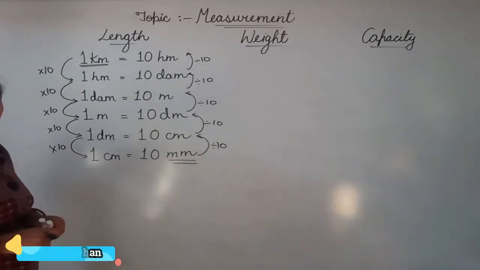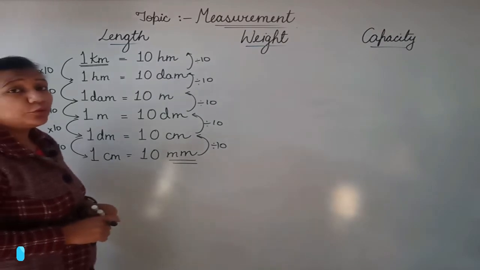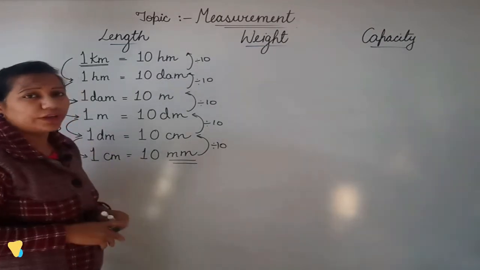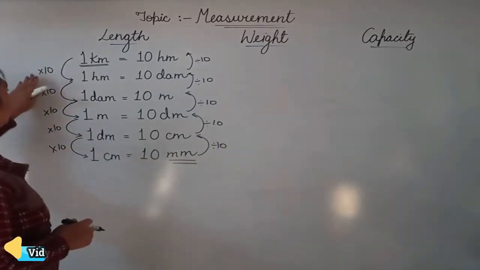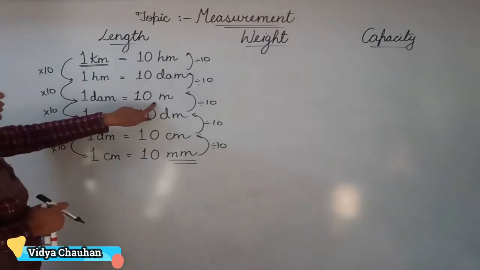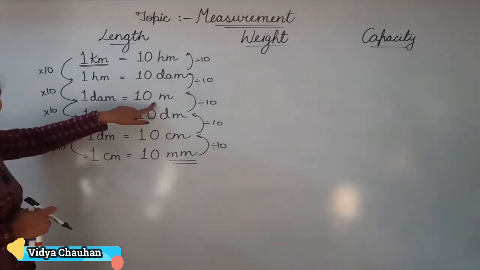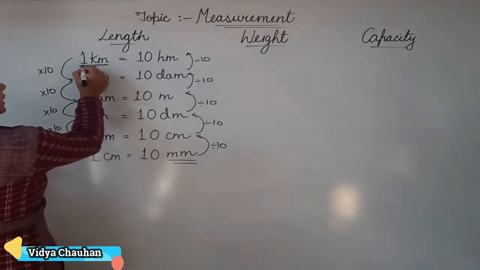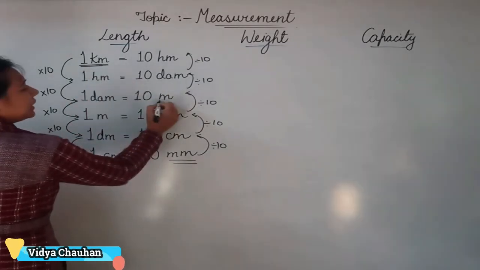Now, the point which arises here is how we will come to know whether we have to multiply by 10, 100, 1000, 10,000 or what value. I have already told that we multiply by 10. But if I have to convert kilometers to meter, will I multiply only by 10? No. What you have to check is that kilometers is at this step and meter is here.